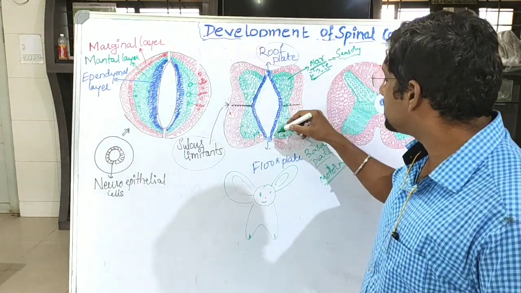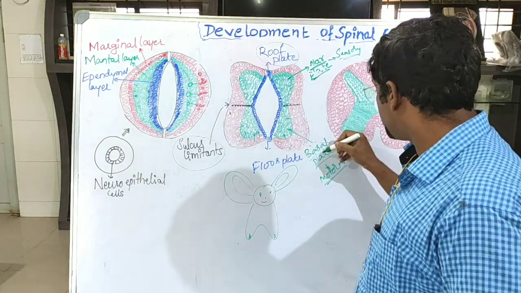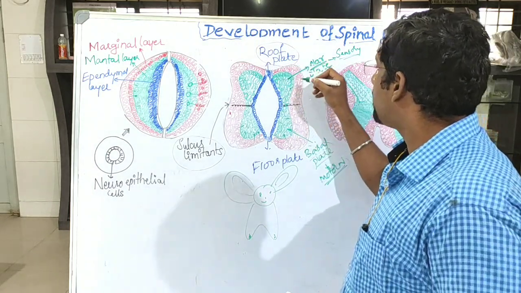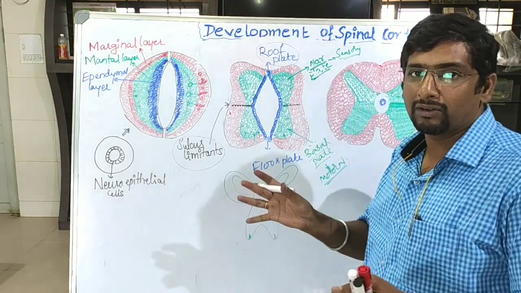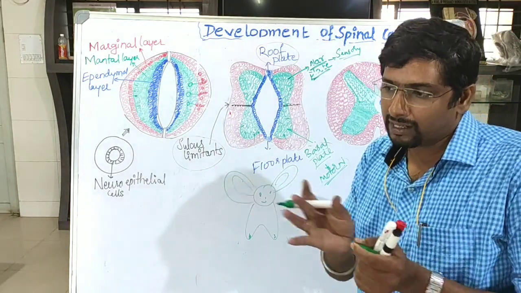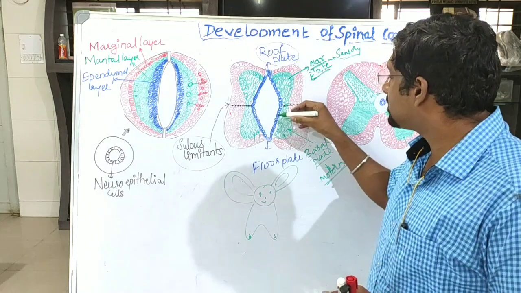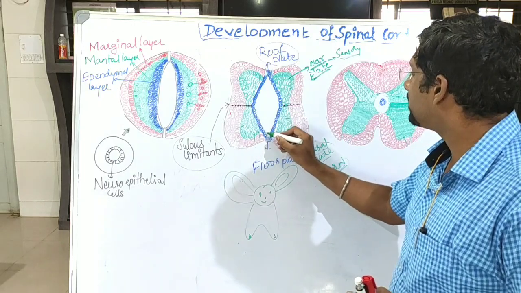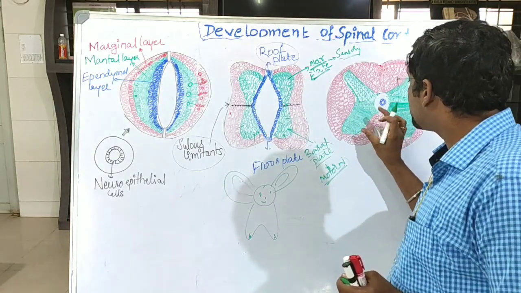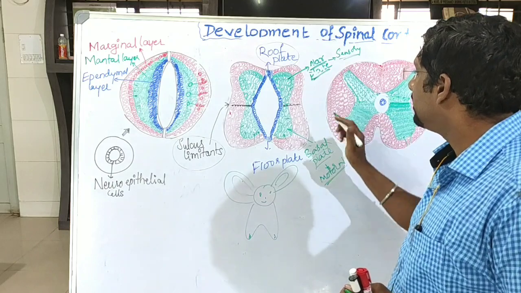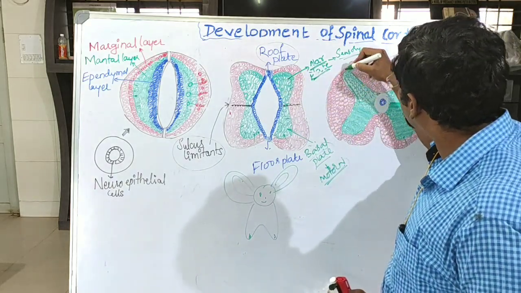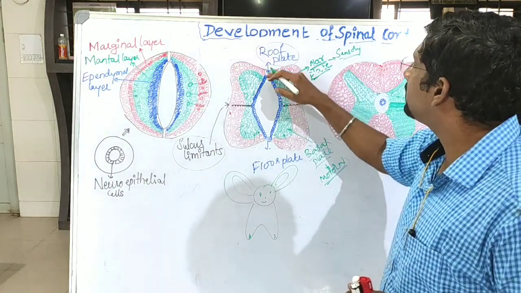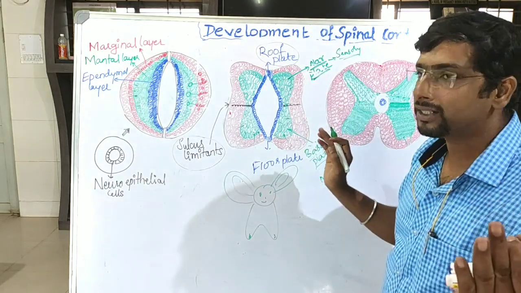Okay, as this development of the basal plate and the motor plate takes place, at that time the marginal layer is also going to develop abundantly and increase its thickness. The basal plate is going to develop as a short and thick portion on the ventral side, and the alar plate as a long and thin portion on the dorsolateral side. This is going to divide the marginal layer into three parts.